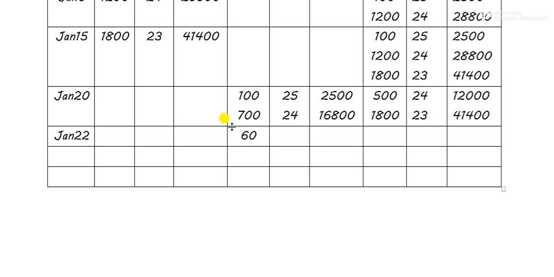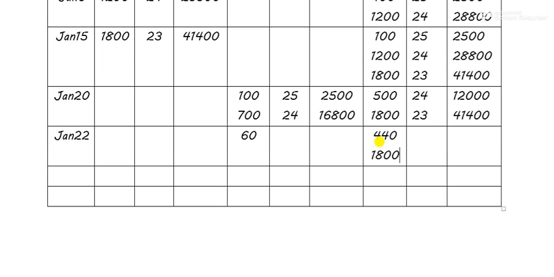This 60 kg will go from the first stock, because this is the first in first out method, so it is deducted from 500 and becomes 440.